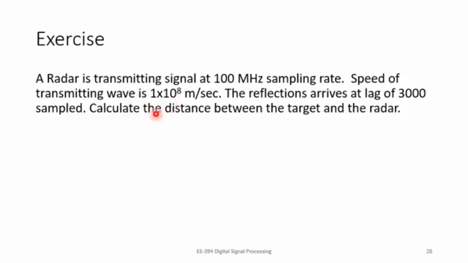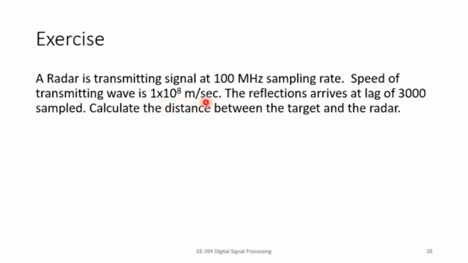In fact, we can take a simple example to see how it works. So for example, a radar is transmitting a signal at 100 megahertz sampling rate. So every second the radar is transmitting 100 into 10 raised to power 6 samples, and the speed of that transmitting wave is 1 into 10 raised to power 8 meters per second.